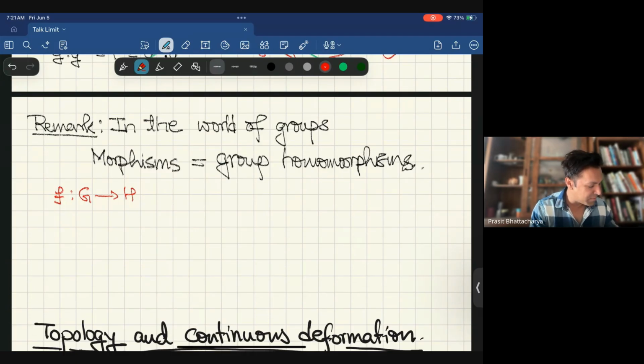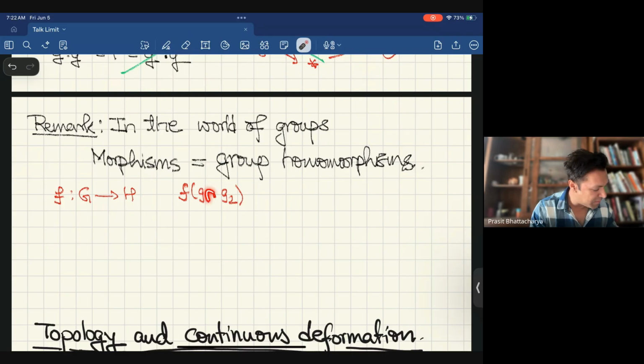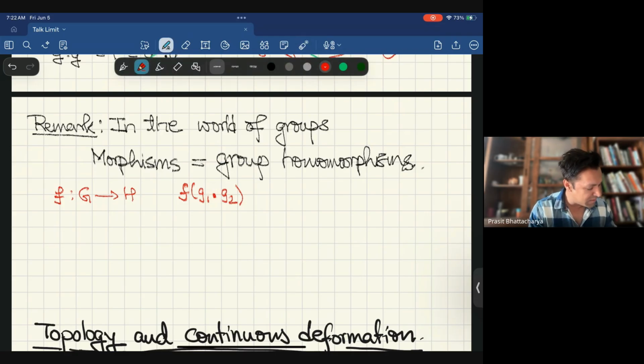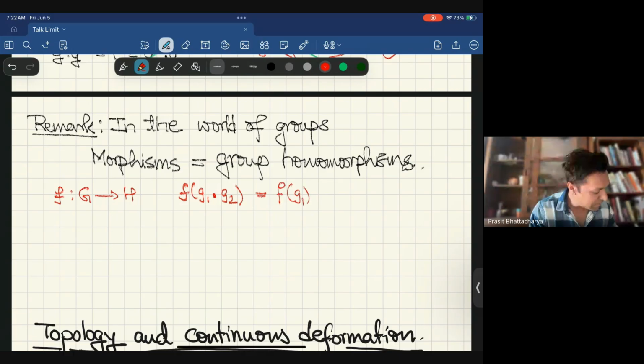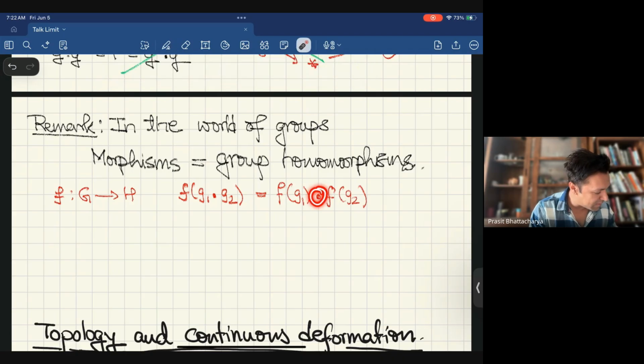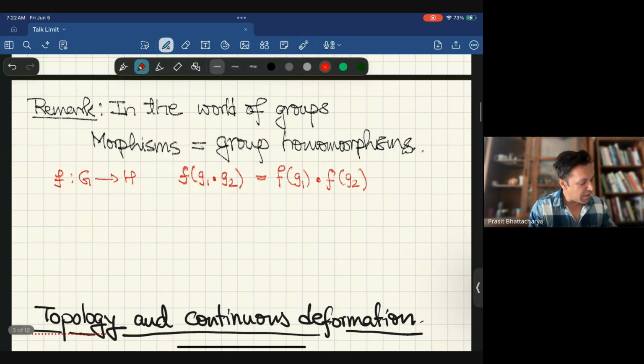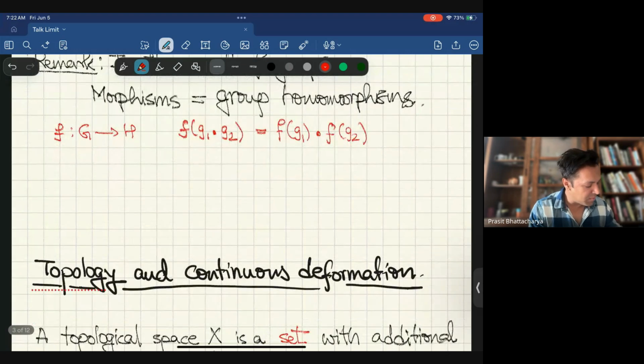So the group homomorphism should satisfy f of G1 dot G2, where this multiplication here is taking place in the domain group, which is G in this case, and should equal f of G1 dot f of G2, where the second multiplication on the right hand side is taking place in H. This is also actually a commutative diagram if you think about it.